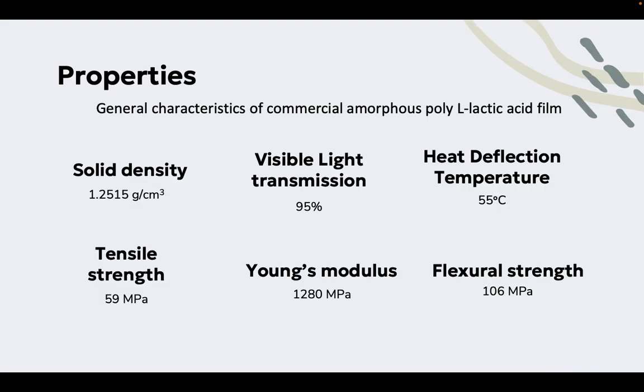Firstly, PLA is known for its lightness and transparency, with a low density and high visible light transmission value. It has high tensile strength, Young's modulus, and flexural modulus, but it has a low heat deflection temperature, which limits its usage in thermally processed packages, which can lead to deformation at high temperatures.